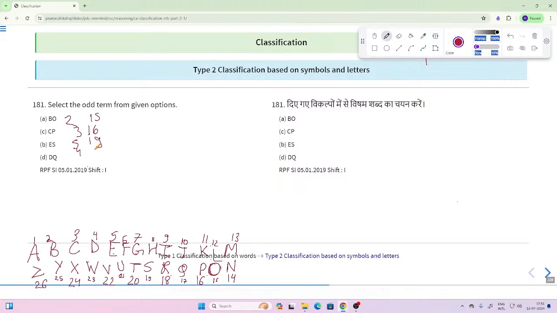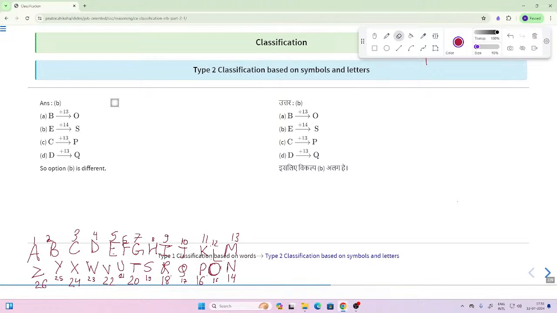D is 4, and Q is 17. 13, 13, 13. This one is 14. The rest all have a difference of 13. Clearly, the one with a difference of 14 between the alphabet numbers is the odd one out.